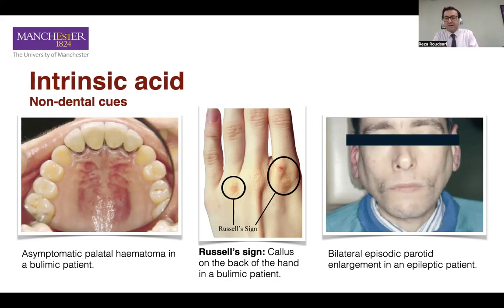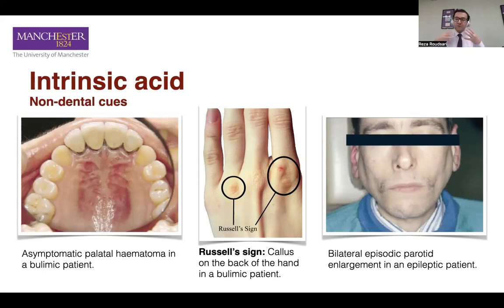And the chap on the right-hand side is an epileptic person. Every time people have a grand mal, a major fit, some of the content of the stomach will also come out, and their parotid starts to produce lots and lots of saliva.